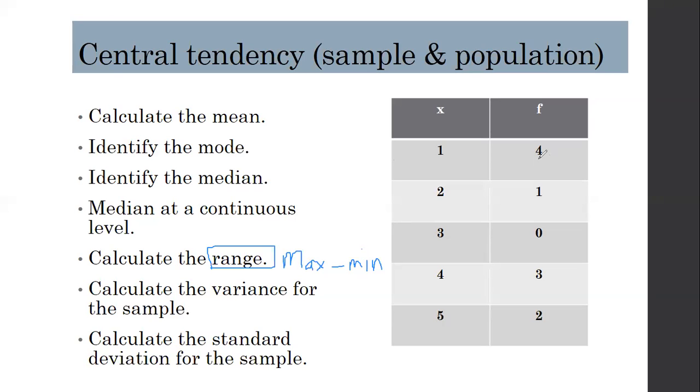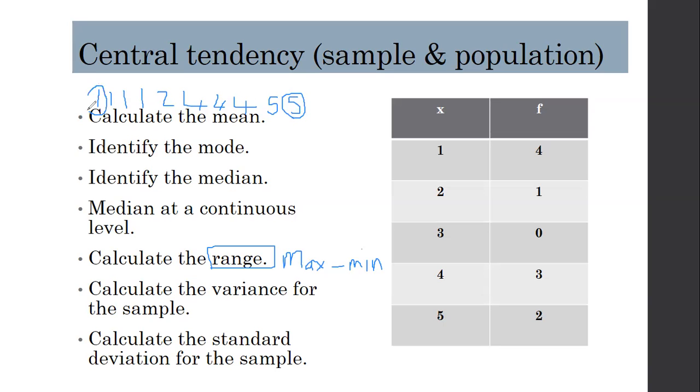So if we arrange these scores, for example, we have 1, 1, 1, 1. We have 2. We don't have a 3. We have 4, 4, 4. We have 5, and we have a 5. So it's 5 minus 1.